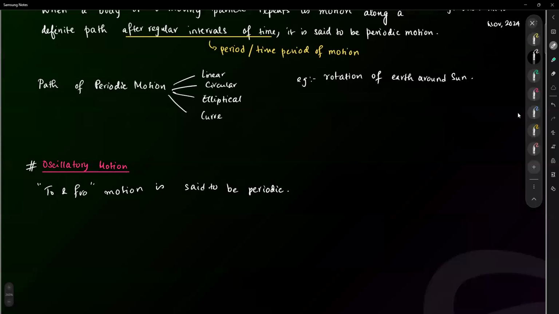Now, the thing is, not all oscillatory motions need to be periodic. Okay. For example, the motion of pendulum of a wall clock. In case of motion of pendulum of a wall clock, it has a period, it has a time period. It is oscillatory motion, but not all oscillatory motions need to be periodic.